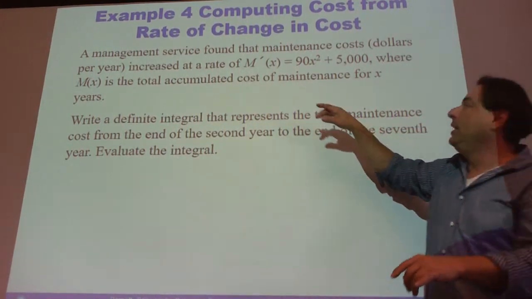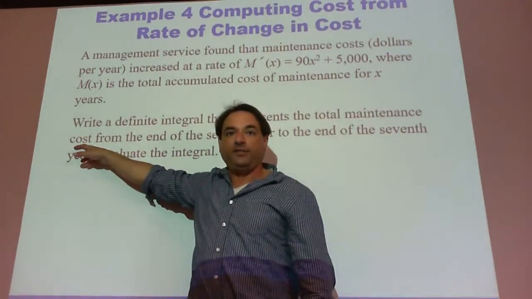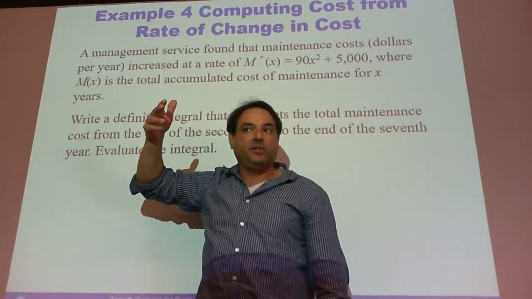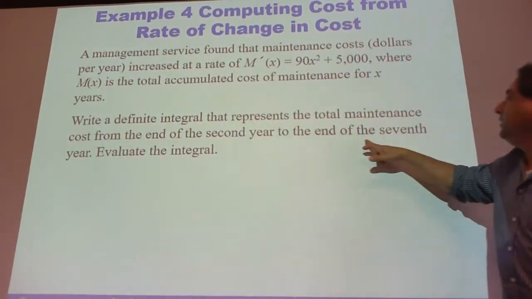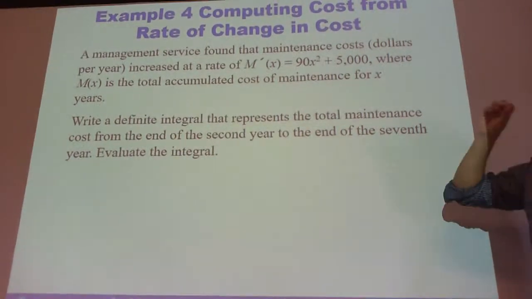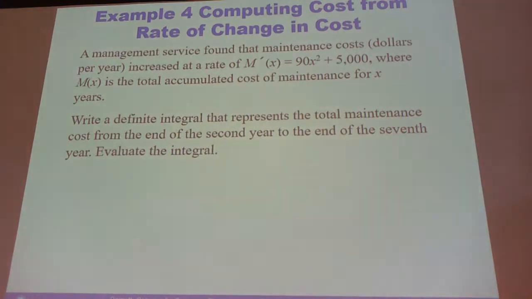So number 1, I gave you marginal cost, but what do I want? Cost. How do you go backwards? Integral. And I only want it for the 2nd to 7th year. So write what that would look like. I gave you marginal cost. I want you to go backwards to cost.